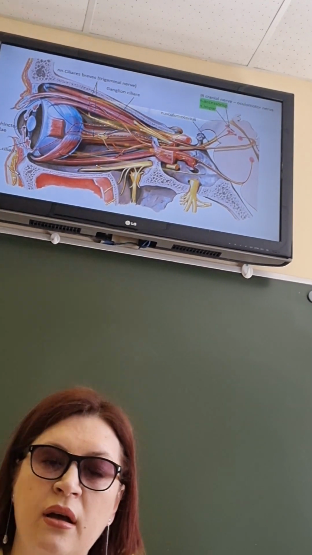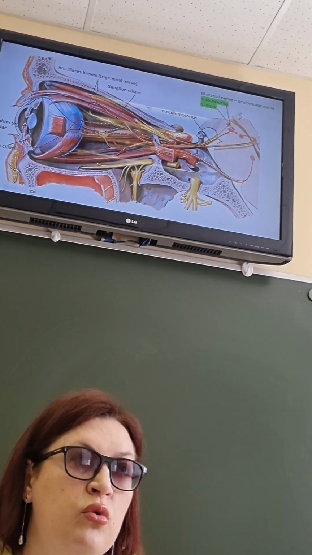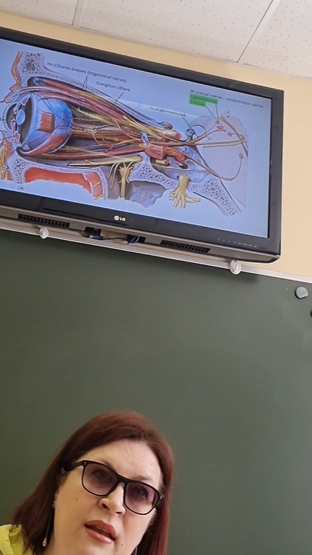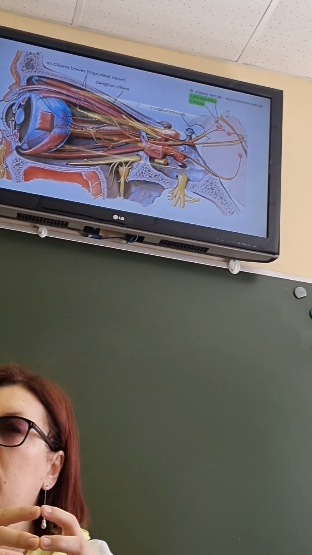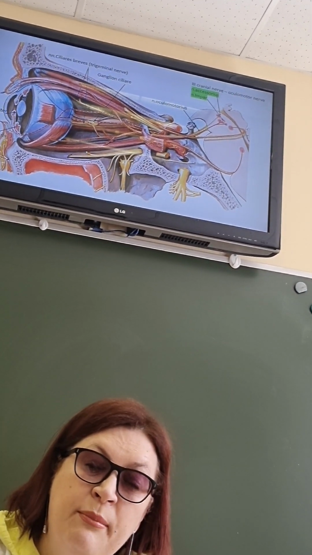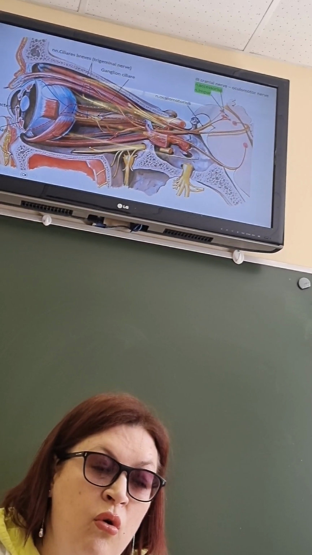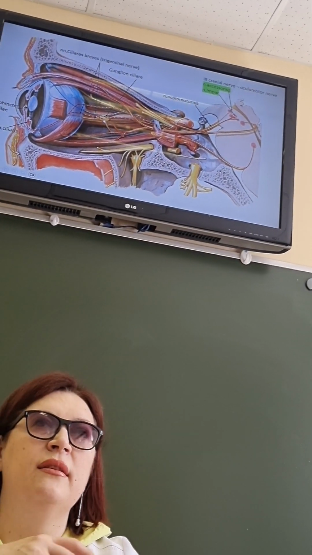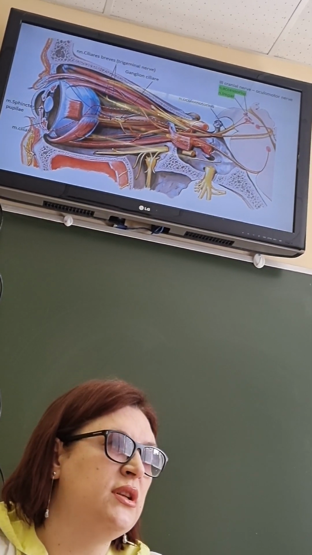Both nuclei give preganglionic fibers which form the root of the oculomotor nerve and leave the midbrain between the peduncles inside the fossa interpeduncularis, pass through the superior orbital fissure, and go to the ciliary ganglion. The ciliary ganglion contains the bodies of the third efferent neurons of the vegetative system.